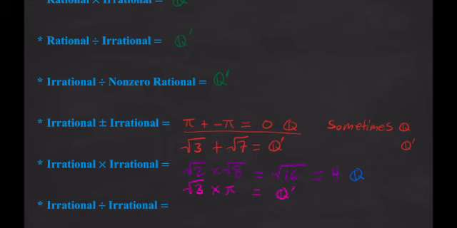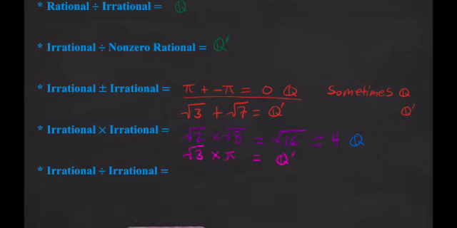So 2 irrational numbers together with addition or subtraction, it depends on what you have. 2 irrational numbers multiplied, well, it depends. It depends on what the irrational numbers are. And 2 irrational numbers divided by each other, which on your homework I saw a lot of you guys mess up on. Let's take 2 irrational numbers and divide them.